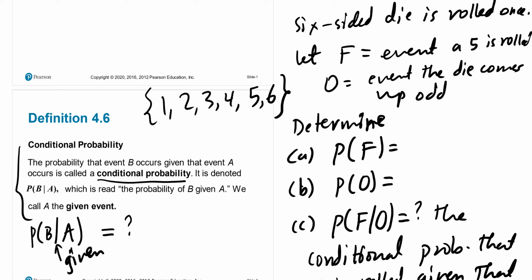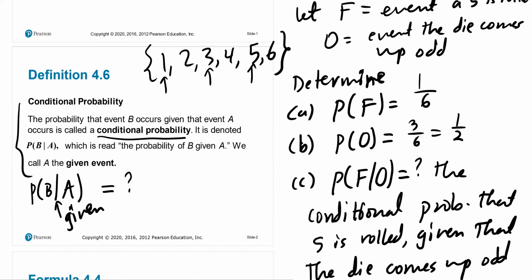There's only one 5 out of 6. The probability of an odd number: it could be 1, 3, or 5, so 3 out of 6, which reduces to 1/2.